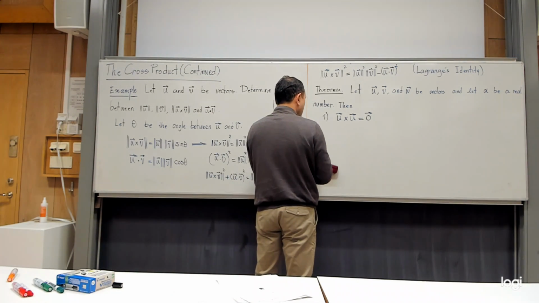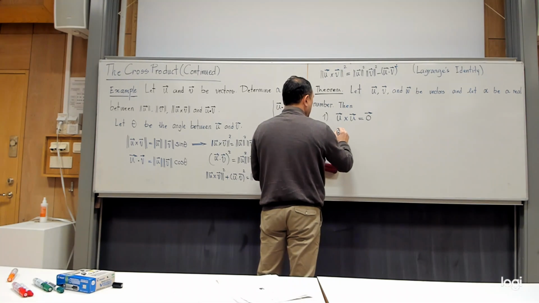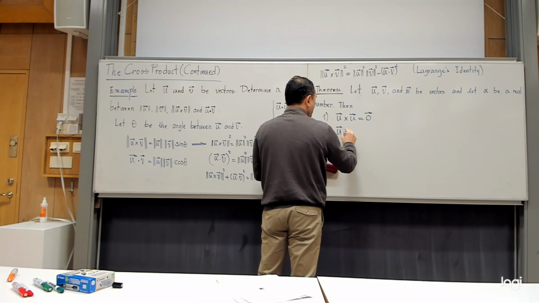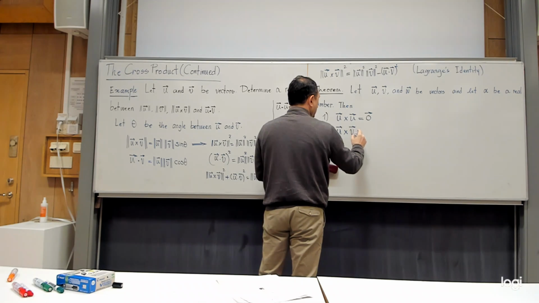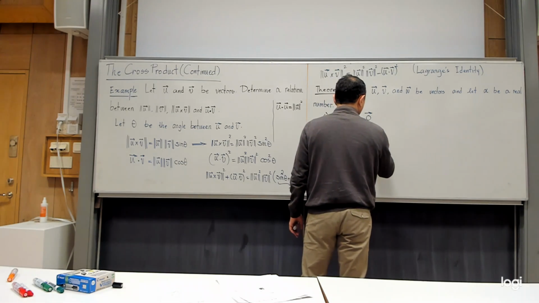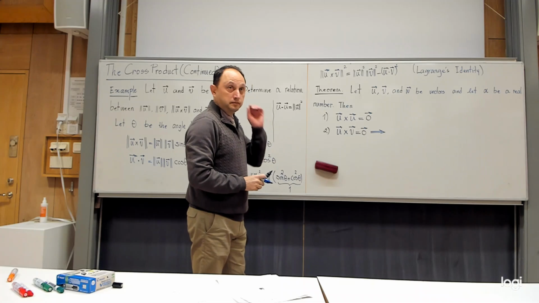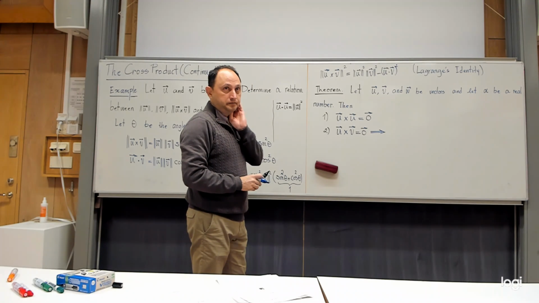Okay, number 2, if I tell you that the cross product of 2 vectors u and v turns out to be the 0 vector, what can you conclude from this? Yes? The first one is 0, the second one is 0, or it doesn't matter.